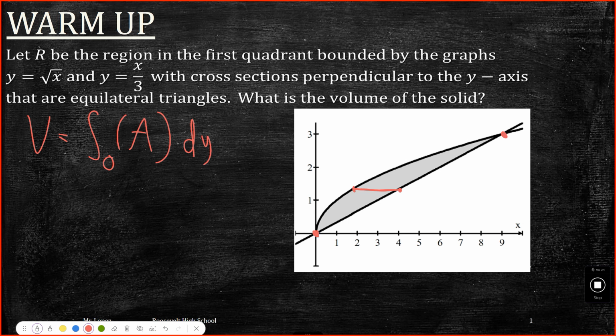How do we figure out the upper bound? Set them equal to each other, no? So square root of x equals x over 3.